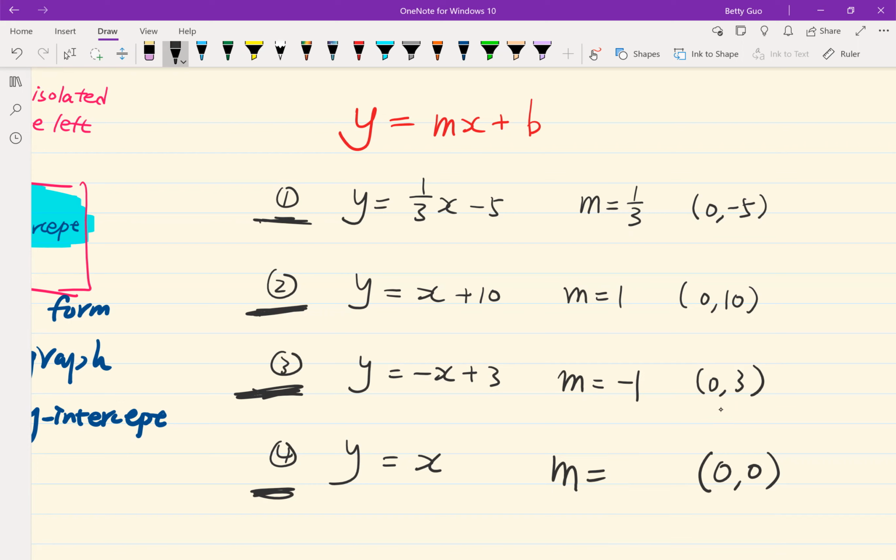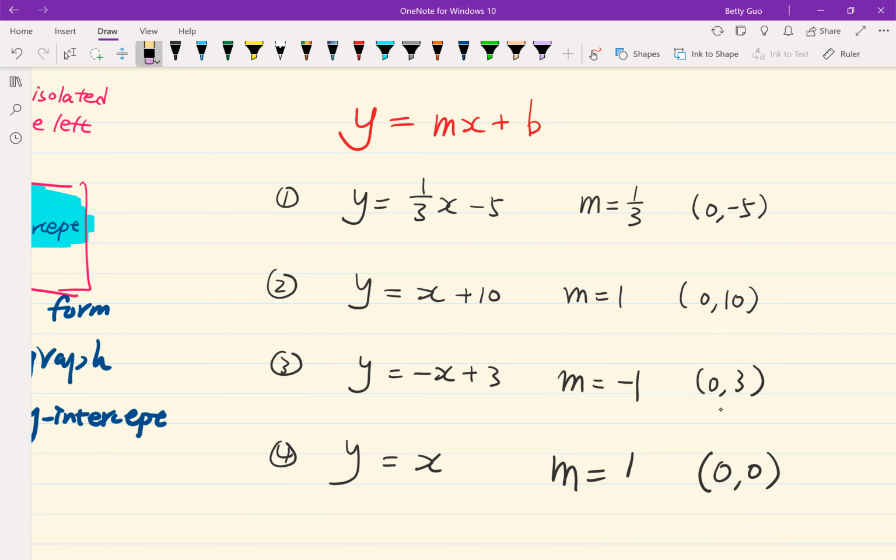That's the first practice. We are given a linear equation in two variables in the slope-intercept form. We identify the slope and y-intercept from the equation. Next practice, we're going to do the other way around.